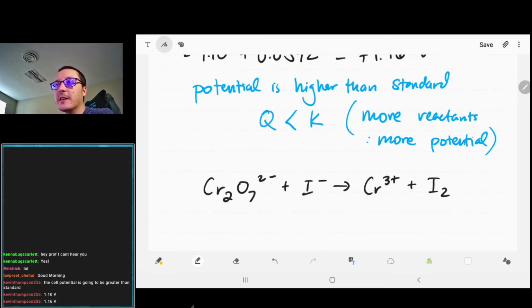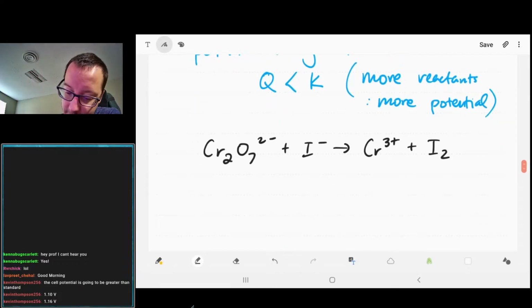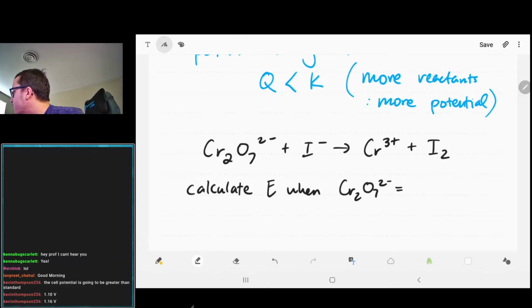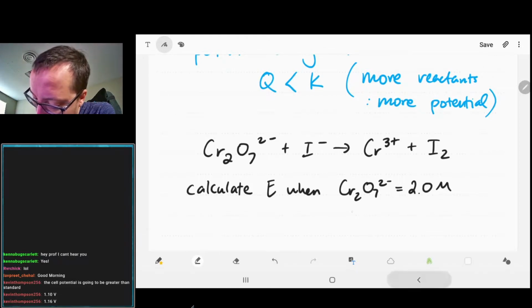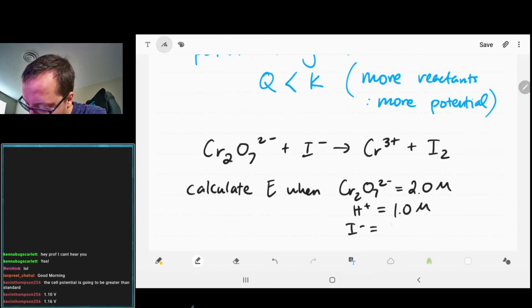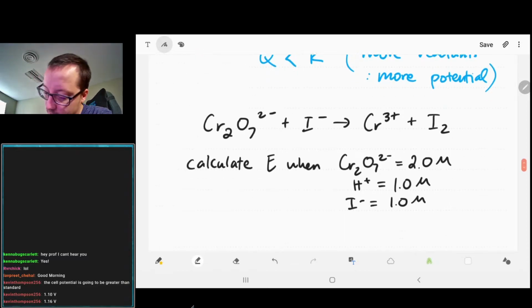And then let's calculate it when the concentration of this is 2 molar. H plus is 1 molar. Iodide is 1 molar. And then, what do we have? The chromium is 1 times 10 to the negative 5.